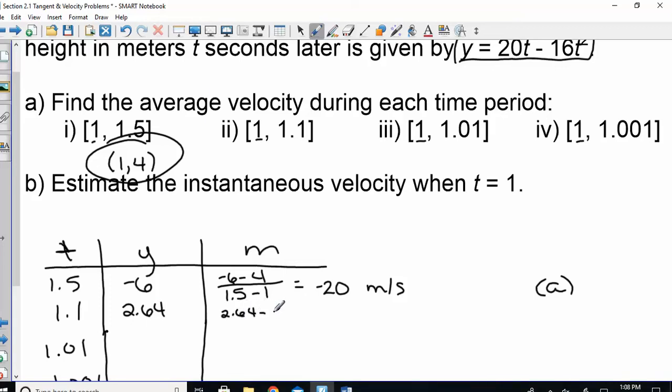y sub 2 minus y sub 1 over x sub 2 minus x sub 1. So I get negative 13.6 meters per second for that interval.